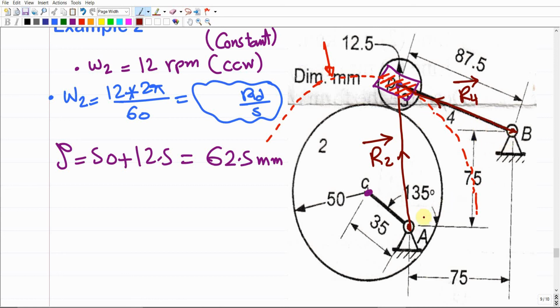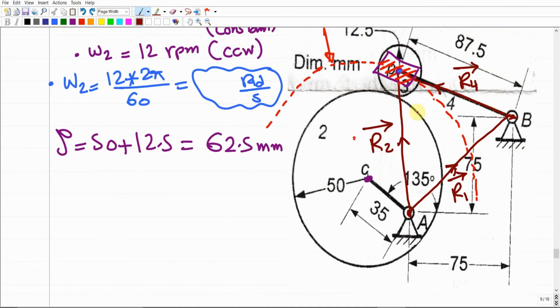To close the loop, we have to connect these two points, points A and B, with the R1 vector. Make sense? So this gives us the R1 vector, and then we end up with this loop. This loop can then be solved as a position, velocity, and acceleration analysis.